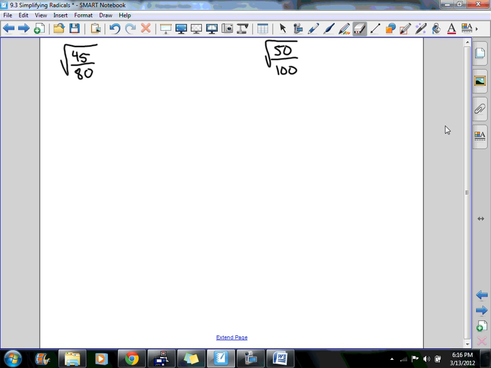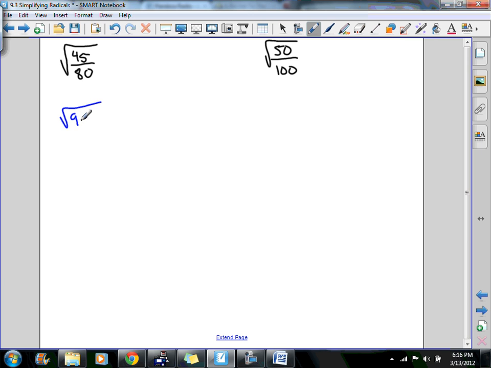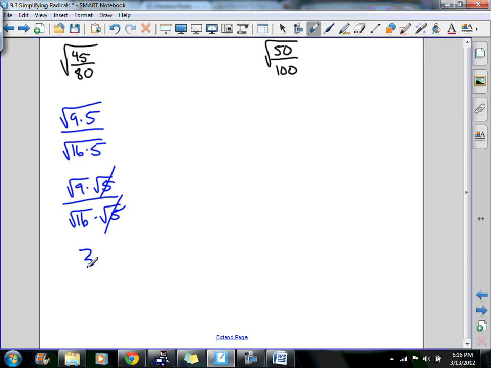We're almost done. Here, I can break this up into the square root of 9 times 5 over the square root of 16 times 5, which ends up being the square root of 9 times the square root of 5 over the square root of 16 times the square root of 5. I can cross out these because they're in the top and the bottom. Square root of 9 is 3. Square root of 16 is 4.